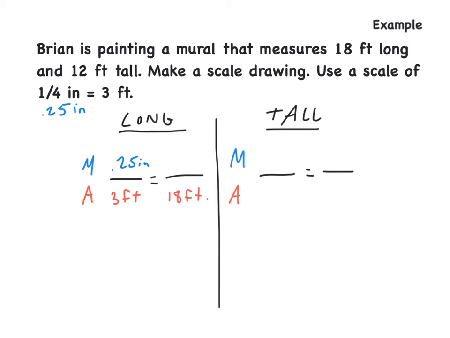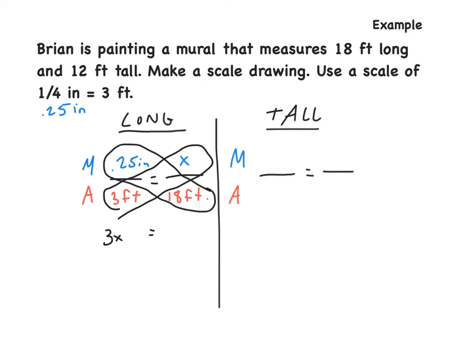So I'm trying to figure out what's the size of the model that we're going to use. So with this, remember, butterfly method, so that's 3x. 18 times 25 hundredths is equal to 4.5, and divide by 3.